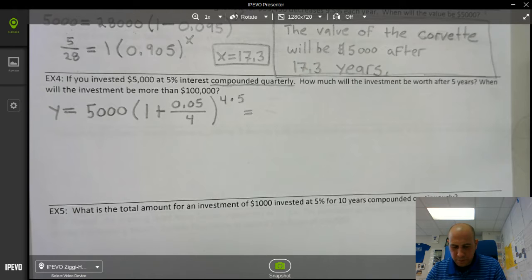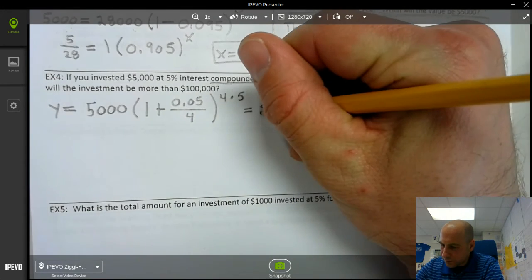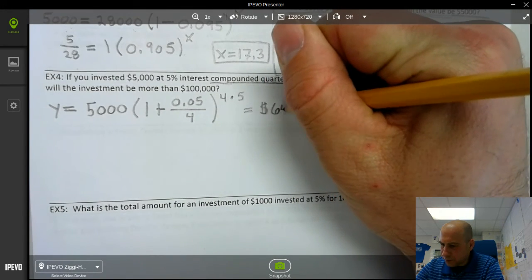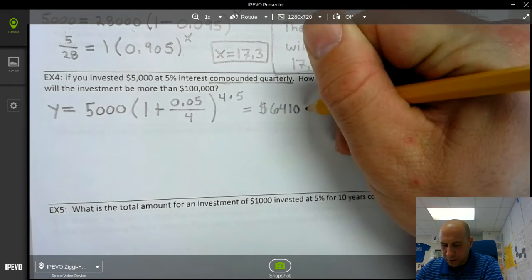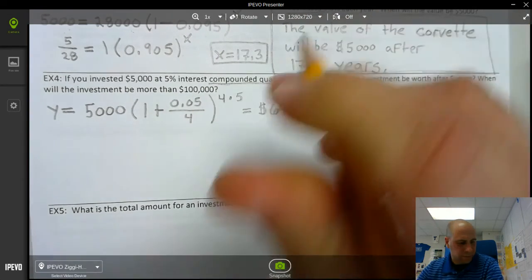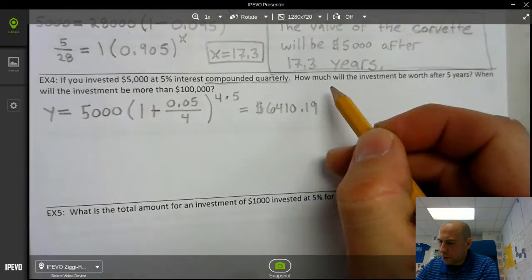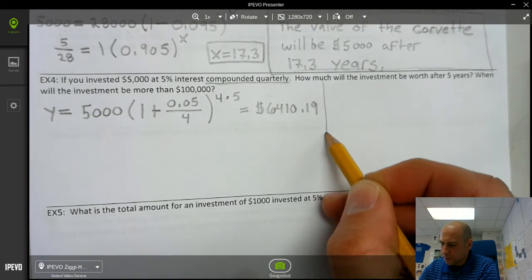So 5,000 parentheses 1 plus 0.05 divided by 4 raised to the 4 times 5. So that's $6,410.19. So again, as a word problem, you always write your conclusion in a sentence.